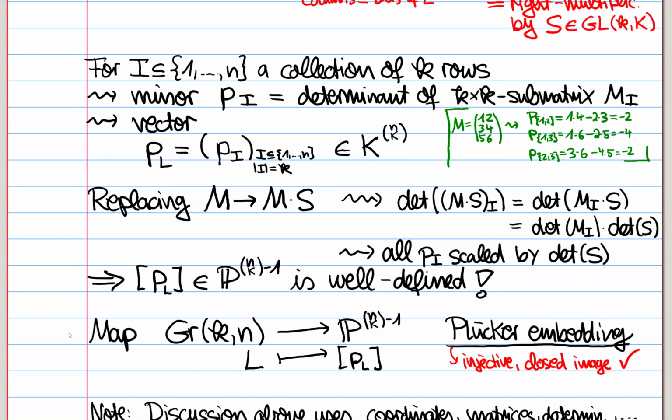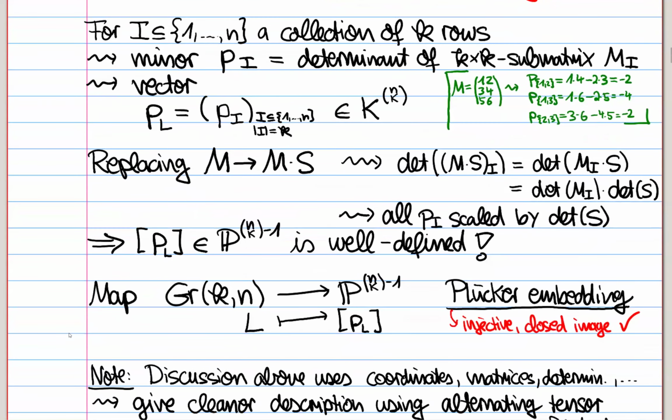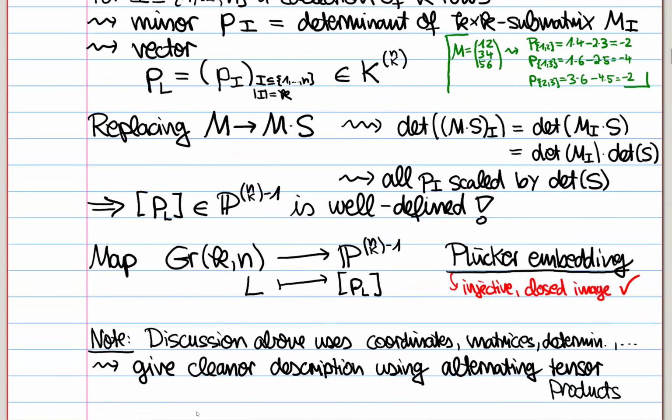The main intention behind this is to motivate what comes next, because the discussion above talked about these determinants and submatrices and so on. And this is very hands-on. You can see what's going on, but it's also nice to have a more abstract description of what we're going to do. And this more abstract description will use a concept from linear algebra called alternating tensor products.